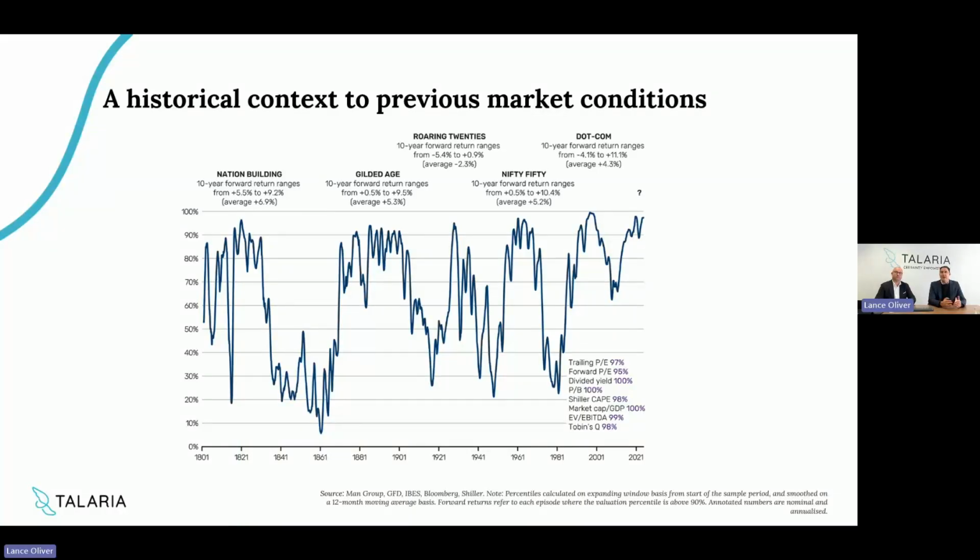There are many different things that people like to talk about, but the bottom line is, on a blended basis of many forward, backward, earnings-based, long-term based valuation measures, it's very difficult to argue anything other than that you're starting from a position that has always given you materially lower returns over the subsequent 10 years than people have been used to over the last 10.